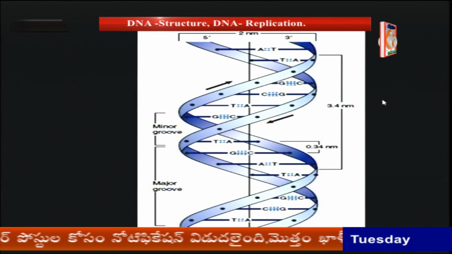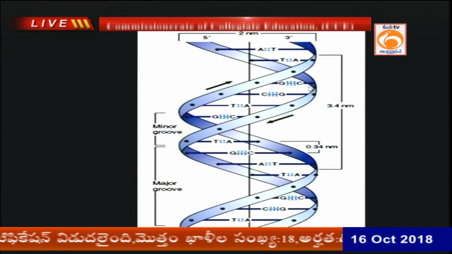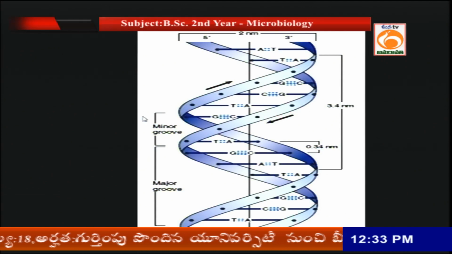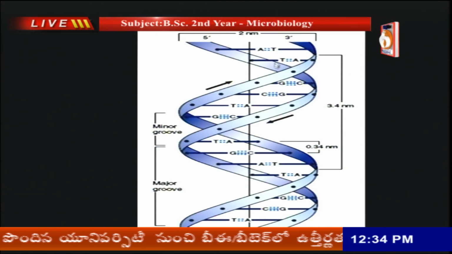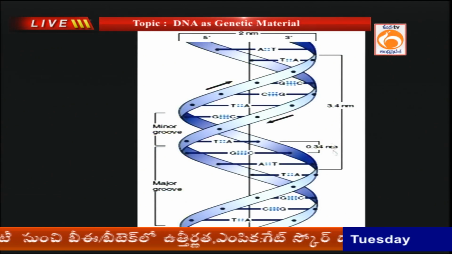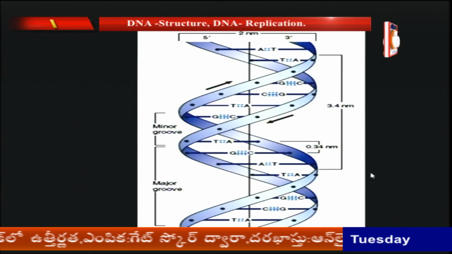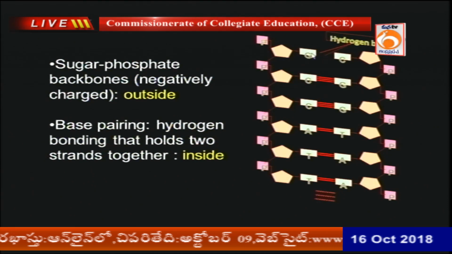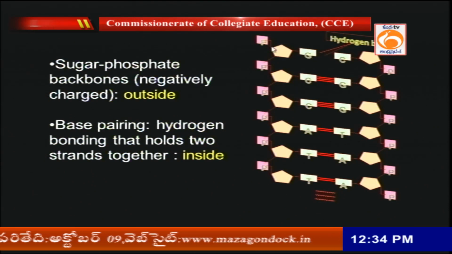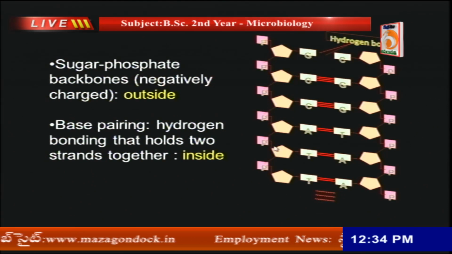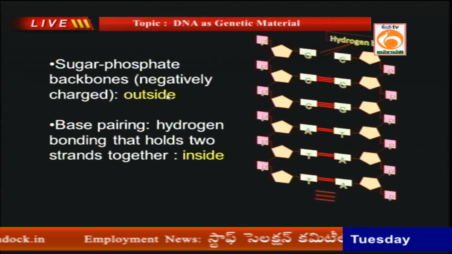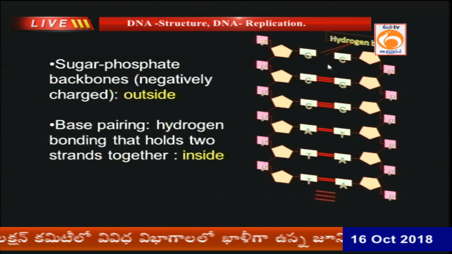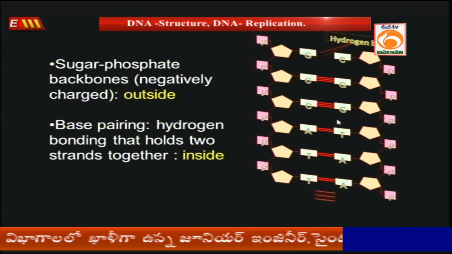It is looking like a spiral staircase with complementary base pairing, major and minor grooves, and showing diameter and other properties that we will discuss in the next slides. This structure is showing how the sugar phosphate backbone is projecting outside of the DNA molecule and complementary base pairings are stacked inside the DNA molecule.